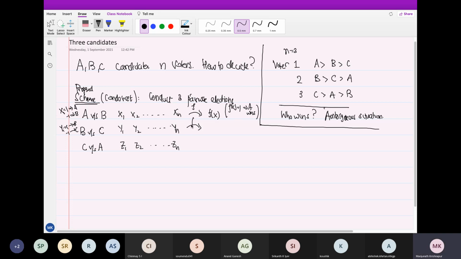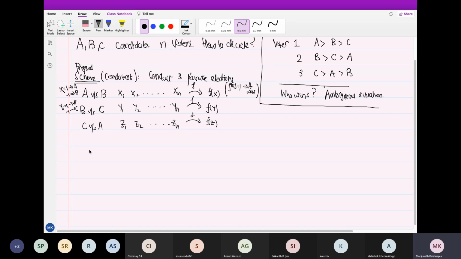Similarly, here you will decide using your Boolean function, which could be majority function or it could be anything else also. f of x, f of y, f of z. Right, so this is how you decide.